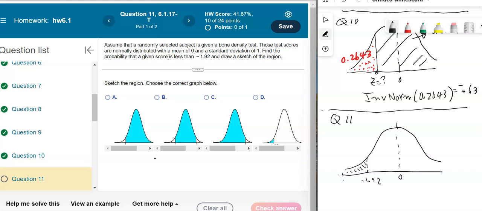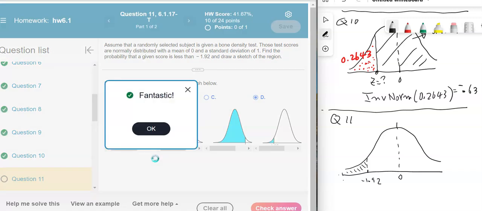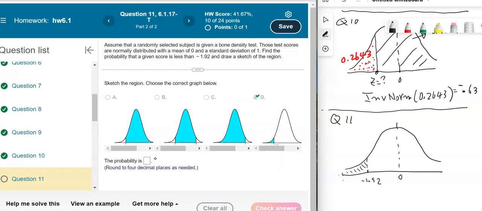So this is the picture we should be looking at. So it is D. The probability is the area.